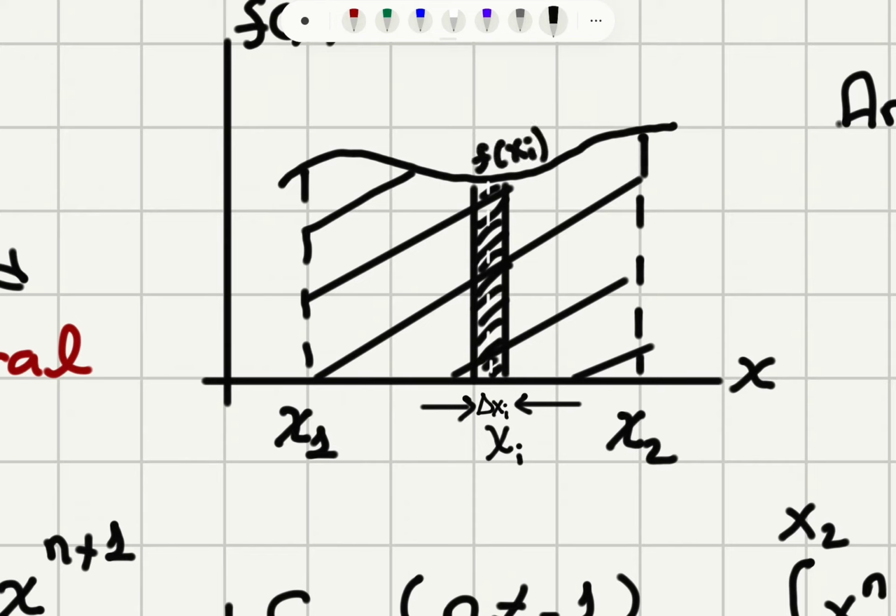So f of xi times delta xi is basically the area of this rectangle.